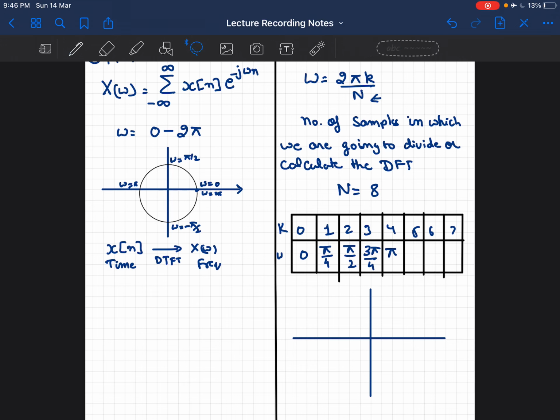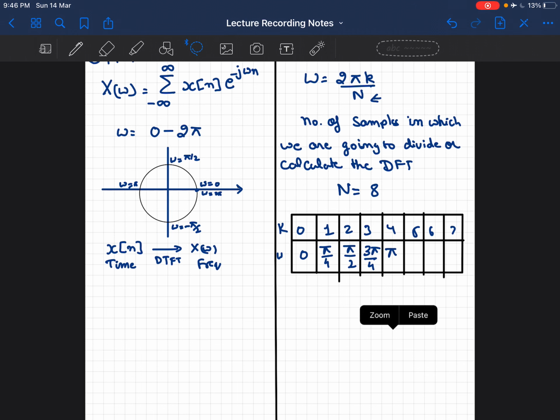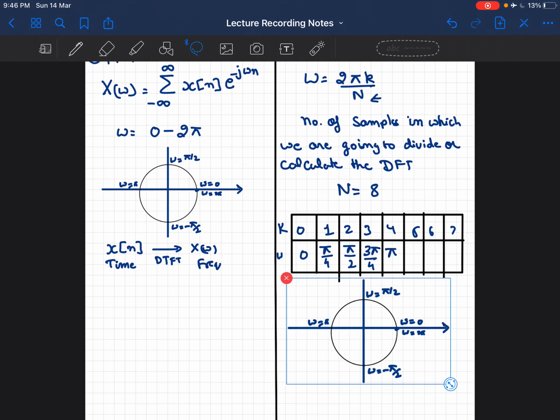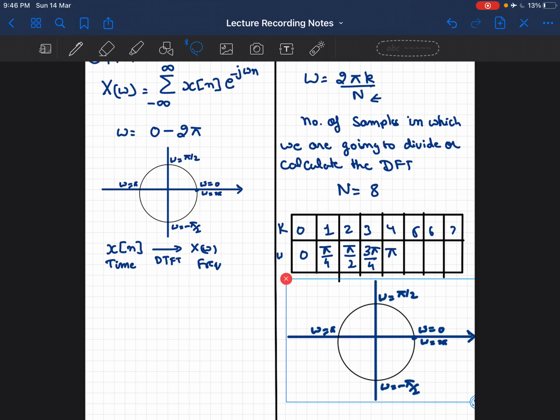So what I have done basically, give me a sec. I've taken the samples. My first sample, I'll mark it with red color.